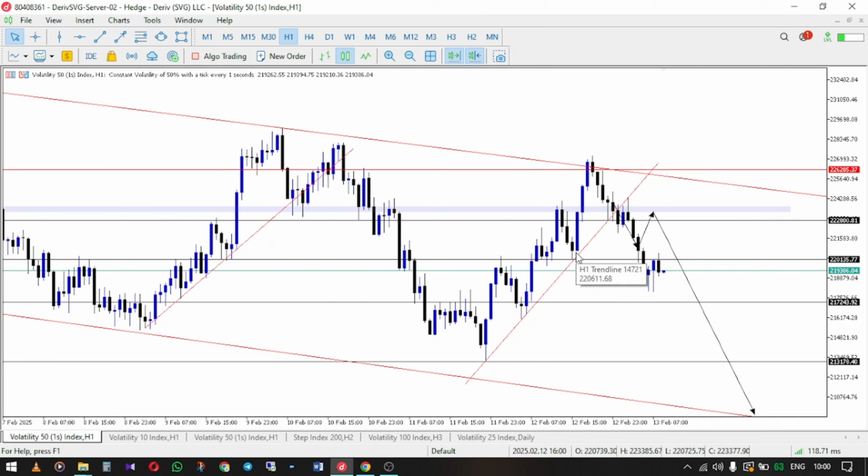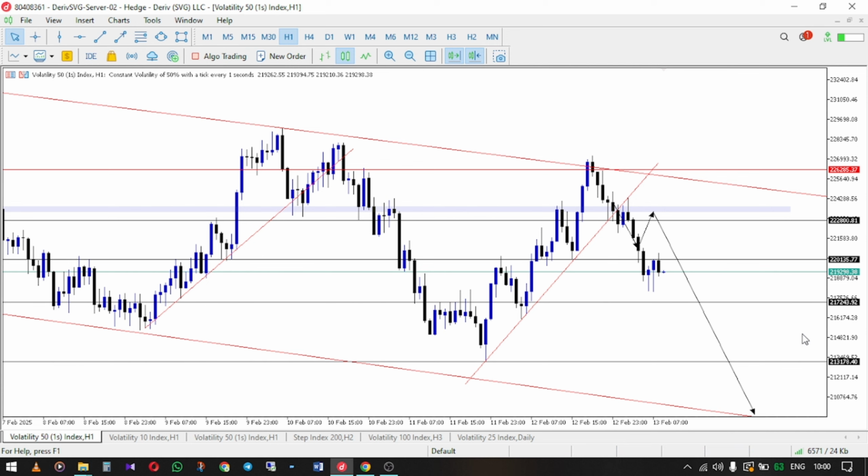Guys, if you're going to even buy this market, assuming we saw this this year and then the market was around here, it would have been a very good place to even say you want to buy the market, right? Because you know that ultimately you're going to be exiting at this 4-hour trend line. But then we are not buying, we missed this move, and then we are going to sell, right?